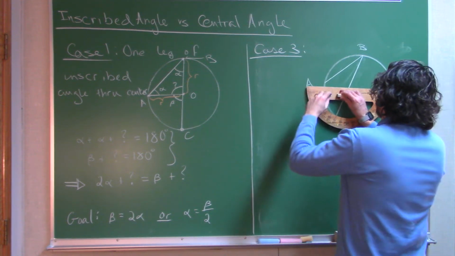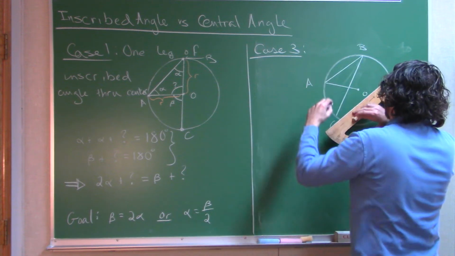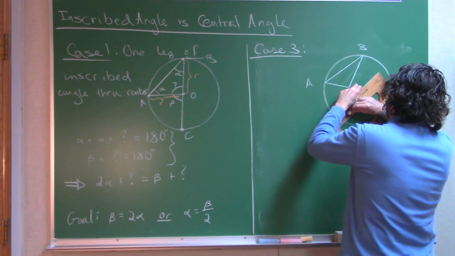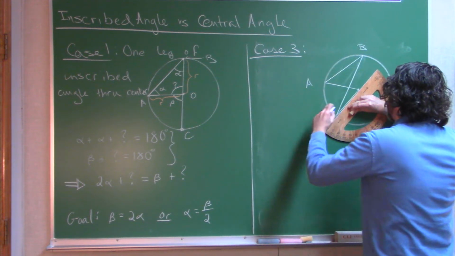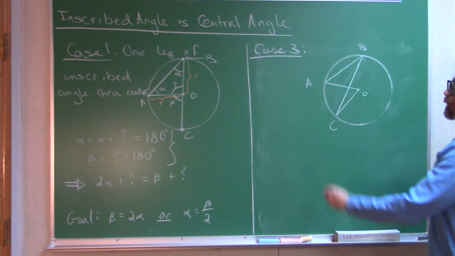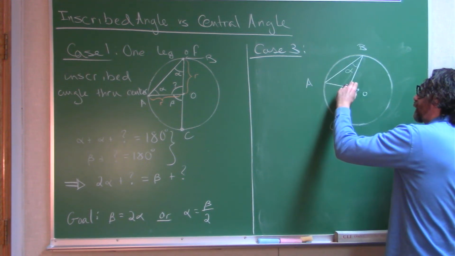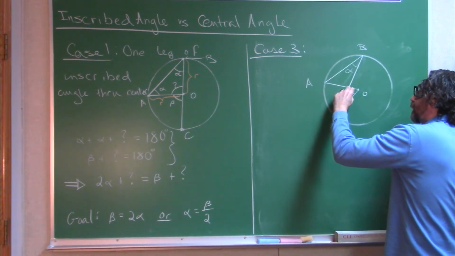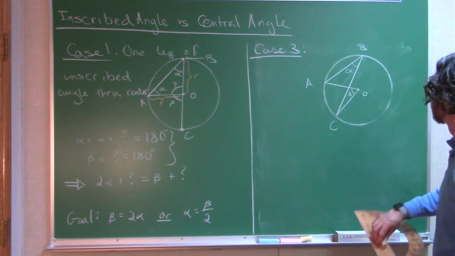Okay, now, it gets a little weird because the central angle is over here. Okay, so this is our original inscribed angle alpha. That is our central angle beta.